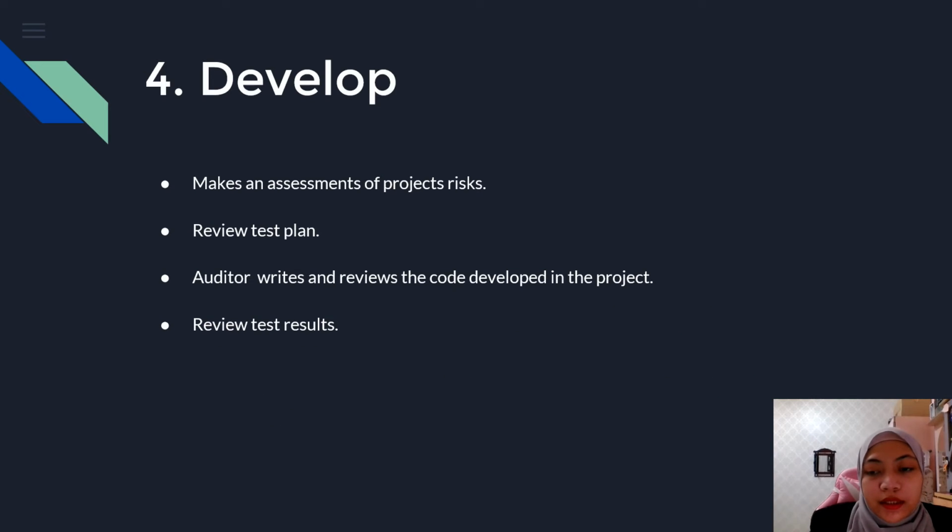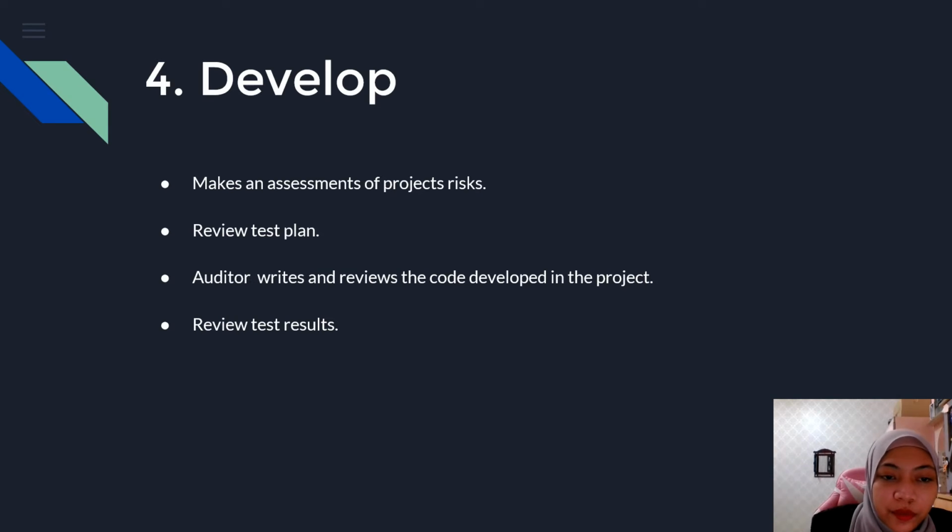The fourth phase is the develop phase. This is where the auditor needs to review the test plans, where they need to see whether the plan is completed and accurate. This is where the system is tested, where the unit and the system test plans are being tested, and where the users accept the plans.